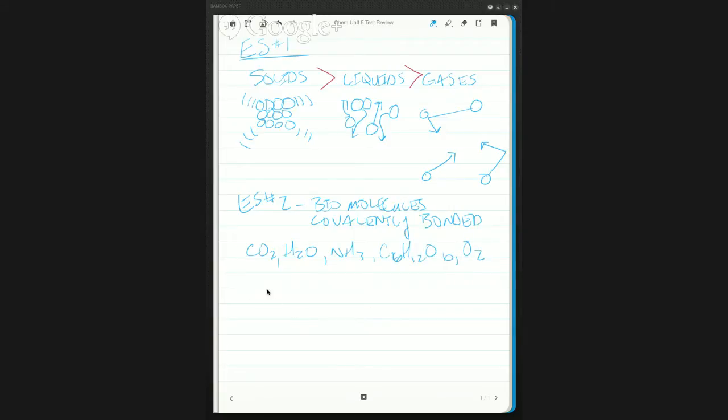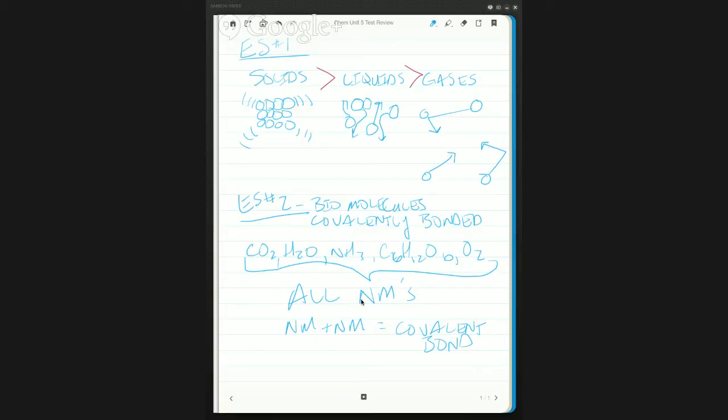And what type of bond do they all have? Well, they are all non-metals. And if you remember, non-metal plus non-metal equals covalent bond. I mean, that's basically it. There's going to be some other questions too, but that's primarily how it would be asked: if you have all these molecules, what is the bond type?